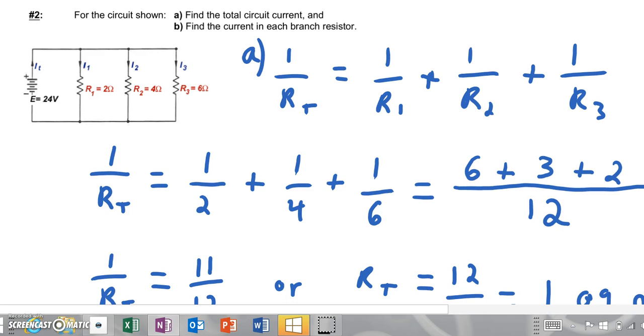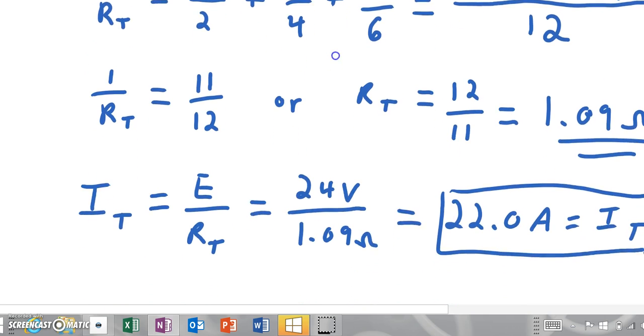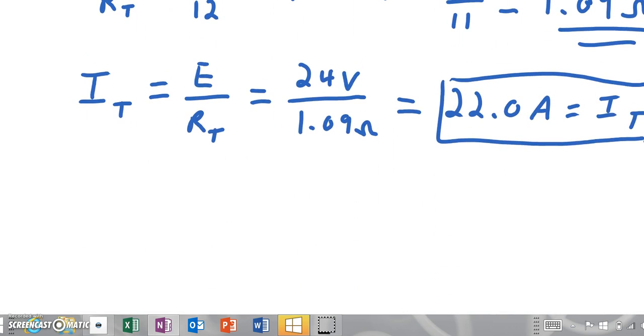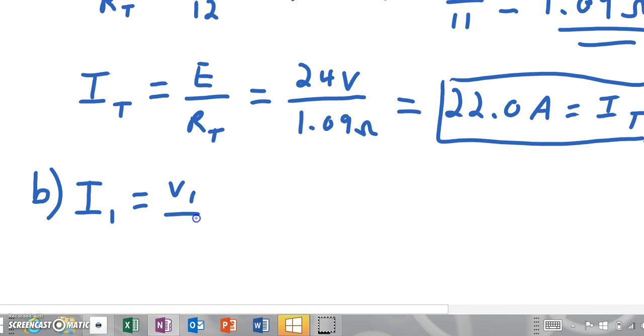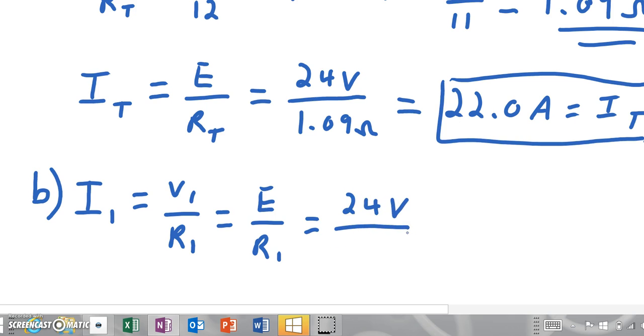Because each resistance in a parallel circuit like this one has the same voltage applied to it, we can say that I1 is equal to V1 over R1. And we know that V1 is equal to E, so we have E over R1. That gives us 24 volts divided by 2 ohms, or 12 amps for I1.